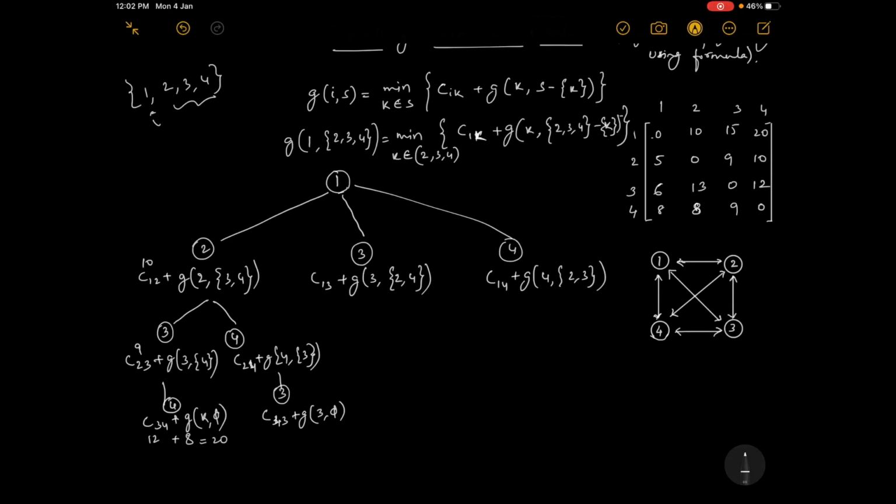This is K is 4 comma 5, and this is 3 comma 5. So what is this? 4 to 3 is 9, correct? Here 4 to 3 is 9, and plus G of 3 comma 5, how much?